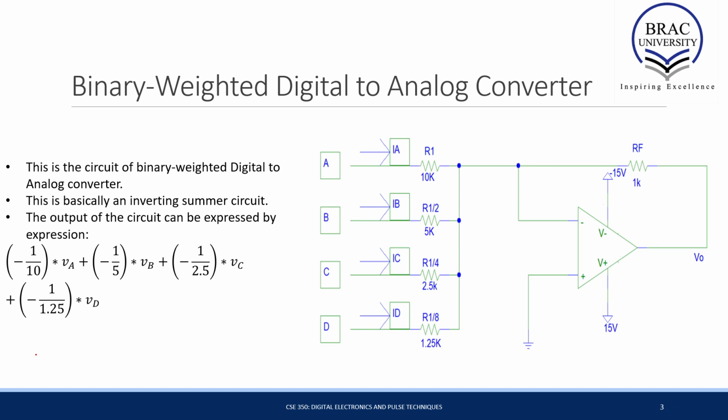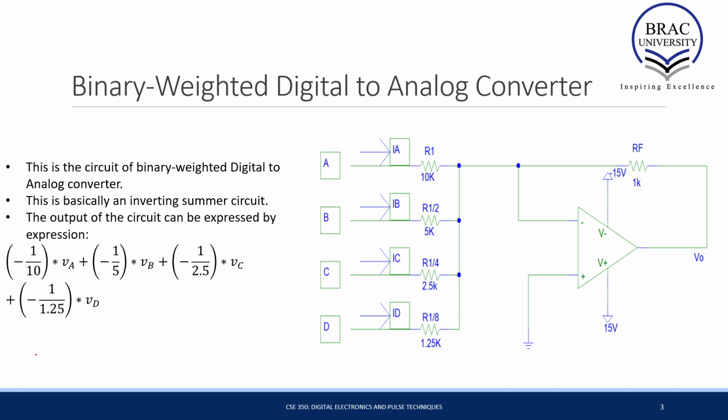If you remember from CSE 250, we had an op-amp part, which is not that much, but in op-amp we discussed various types of op-amp circuits. One of the op-amp circuits was the inverting summer, where multiple inputs are summed together. This is basically the same circuit.